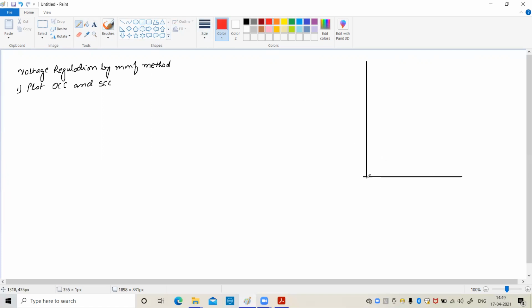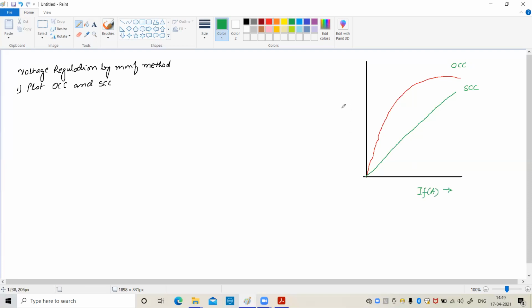So this is your OCC, and this is the short circuit characteristic. So this is OCC, SCC. This is your field current, DC field current in ampere.